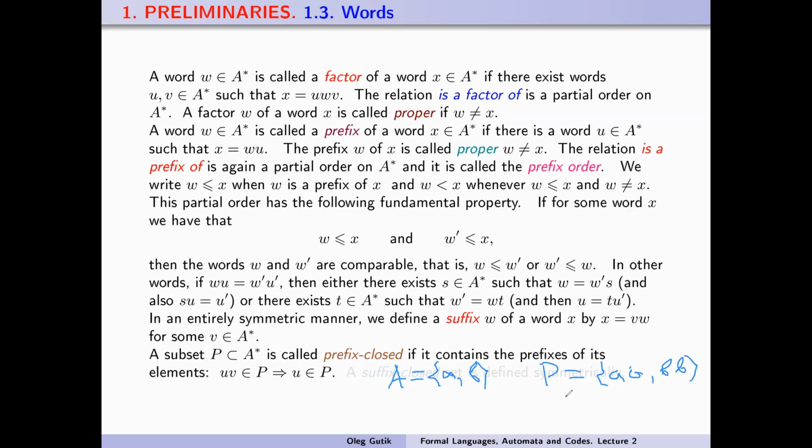Of course, P is not prefix closed, but if we consider P', it consists of a, b, bb. So P' contains all proper prefixes of its elements, and we also put epsilon here.